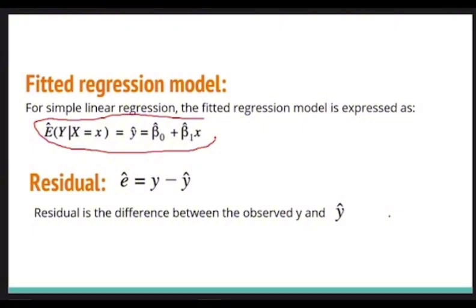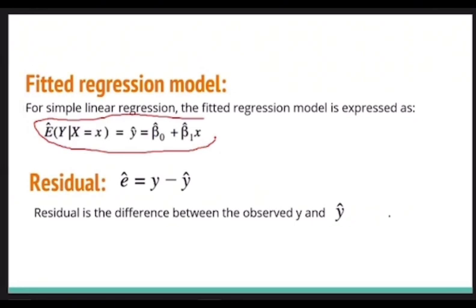The Y without a cap is more or less talking about reality. The Y with a cap is your model that will give estimated reality. Y without a cap is the original response. What happened in reality?